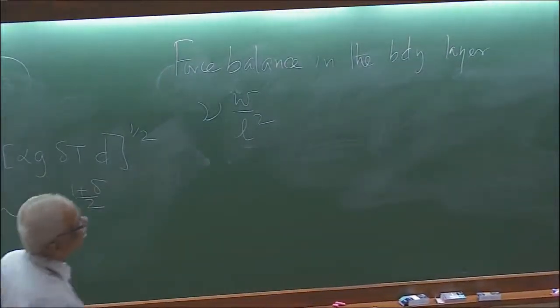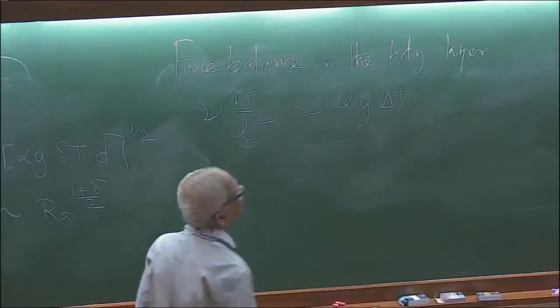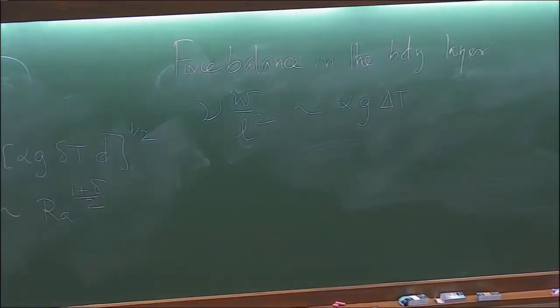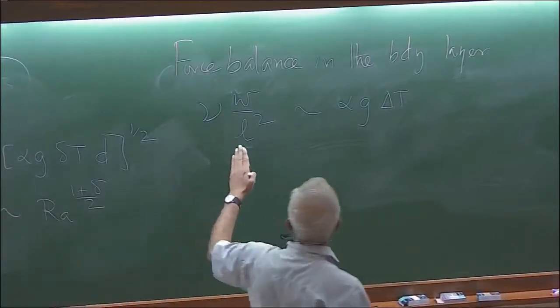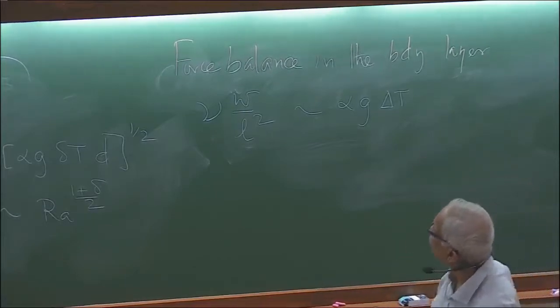This balances the buoyancy force, which is alpha g delta T. So that's the next argument, that w over L squared goes as this.